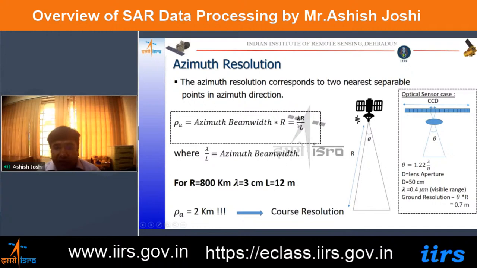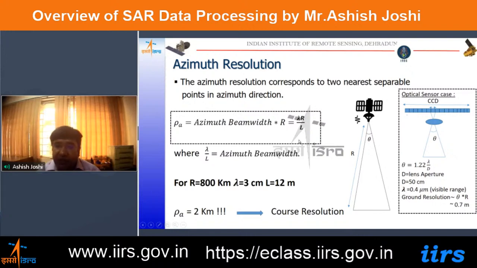Because we are using the wavelength in the microwave region, we get a very coarse azimuth resolution. But for an optical satellite, we get a better resolution because the wavelength is very small there. In the visible range, lambda is equal to 0.4 micrometer, so we get a resolution of 0.7 meter in the optical scenario.